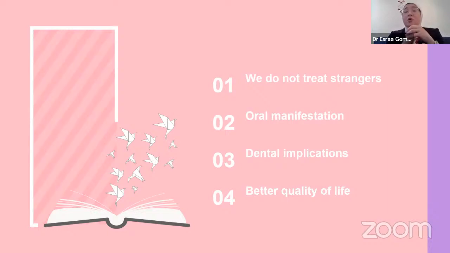We are going to talk about the oral manifestations of diabetes, and we know there are a lot, complicating your dental work and your everyday practice. Then dental implications. What do I mean by dental implications? How to manage a diabetic patient from anesthesia, extraction, any surgical work, till better quality of life with an implant.